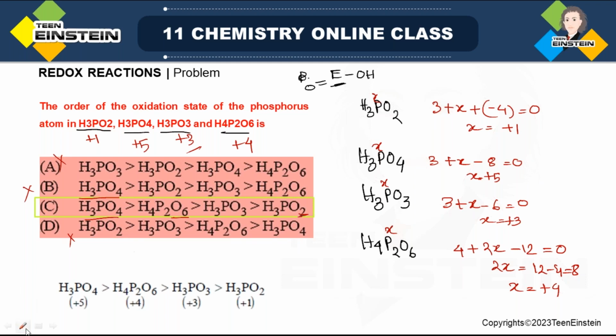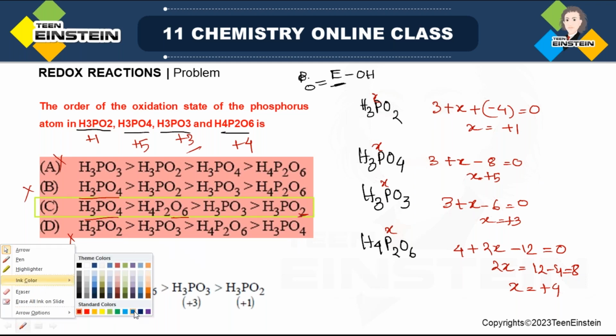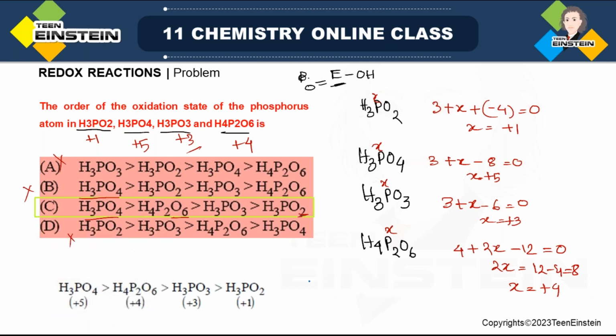But as I have said in the last slide, if you know the structure, you can also do it like this. Suppose for H3PO2, basically the structure is like this. So from the structure also, in this case you don't have to do it, but in some cases you can follow this.